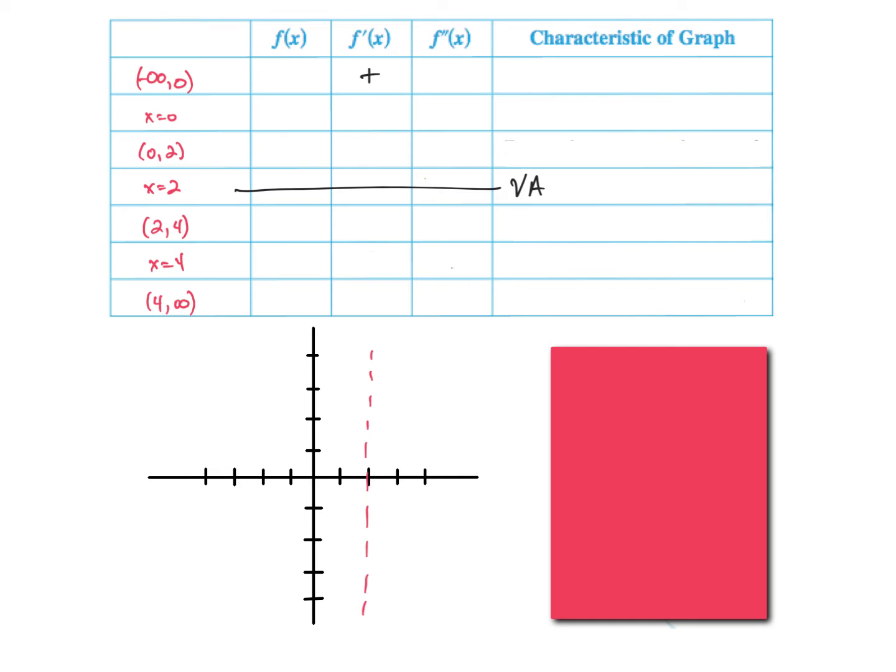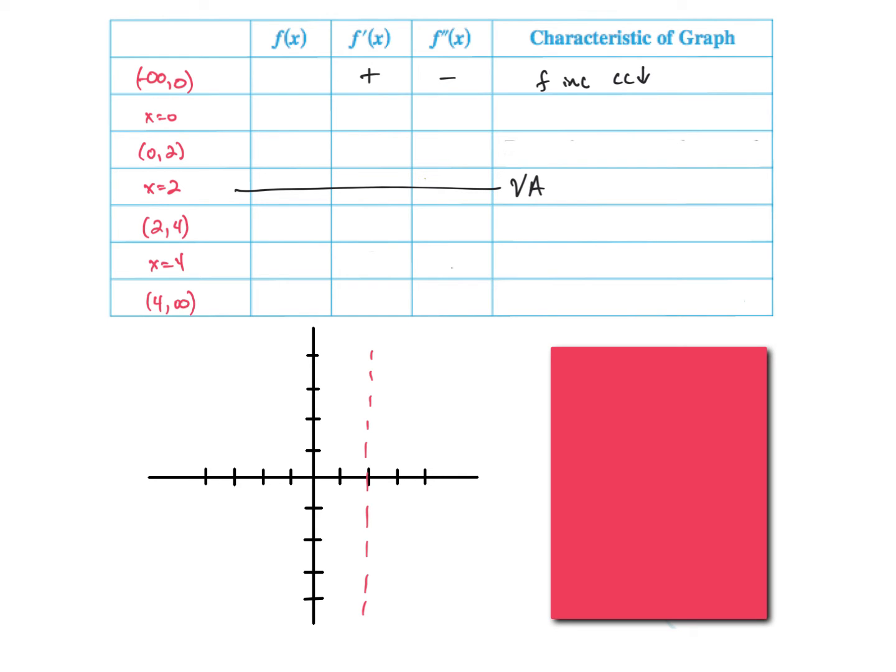So I get a positive 8 over a negative cubed. So I have a positive over a negative, which makes it a negative. All right. So what does that mean? If I have f prime is positive and f double prime is negative, that means f is increasing and concave down.